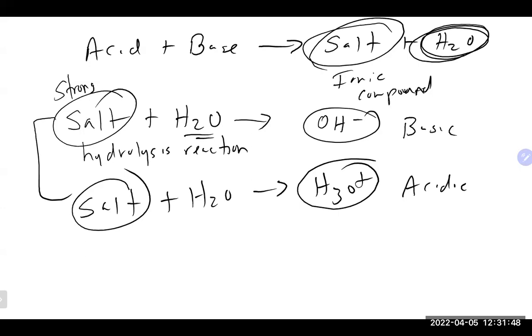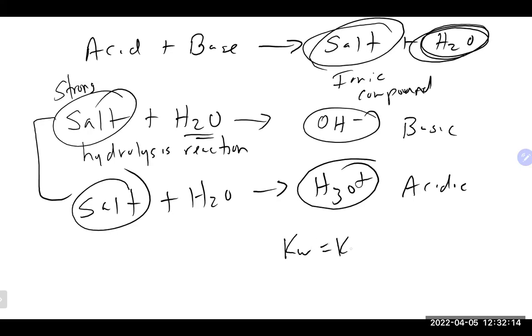The other thing that's really important with salts is these are the typical type problems where they actually give you the wrong K values. So it's really important to make sure you understand how to write these reactions and make sure you are using the correct K value, the Ka or the Kb value. If not, this is where that Kw is equal to Ka times Kb actually comes into play when we are dealing with salts.